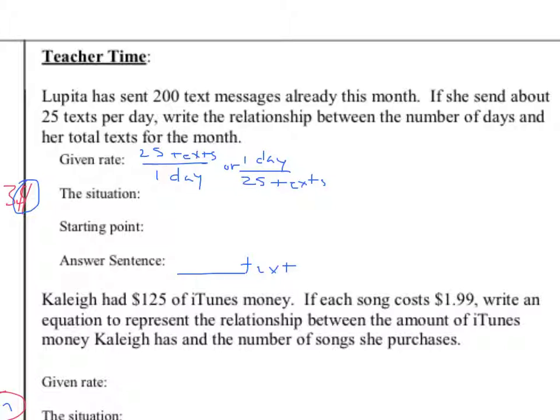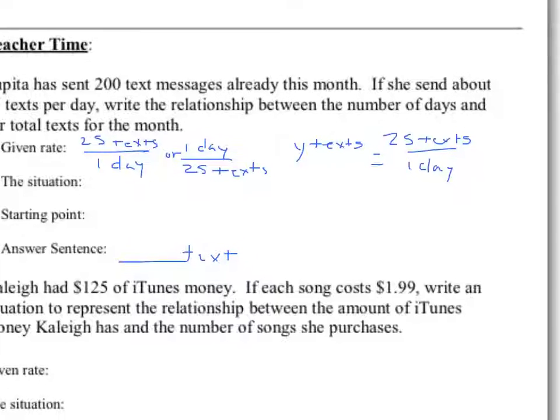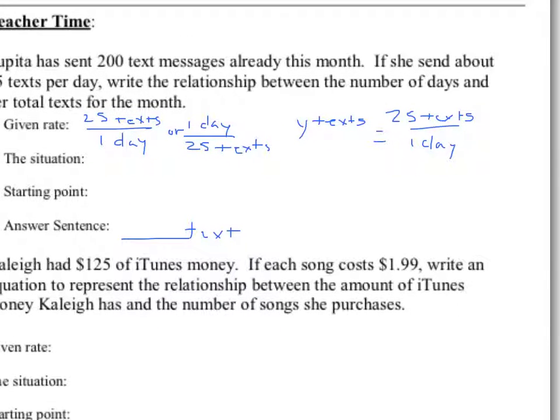So as I start to set this up, it's going to be y texts is equal to 25 texts per day times, what's my situation going to be?